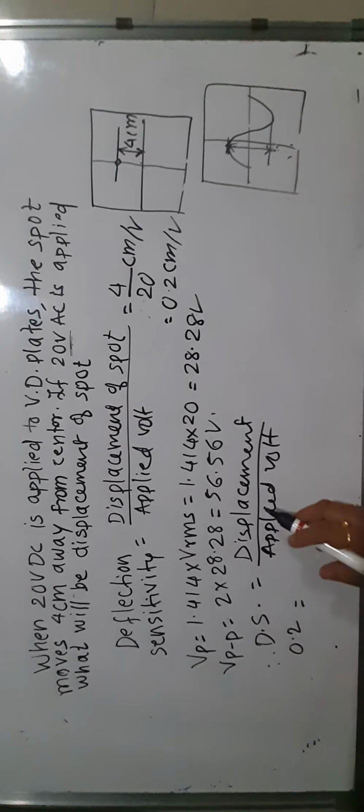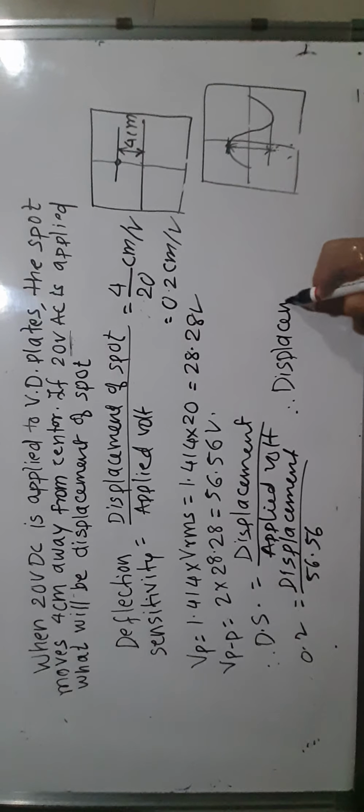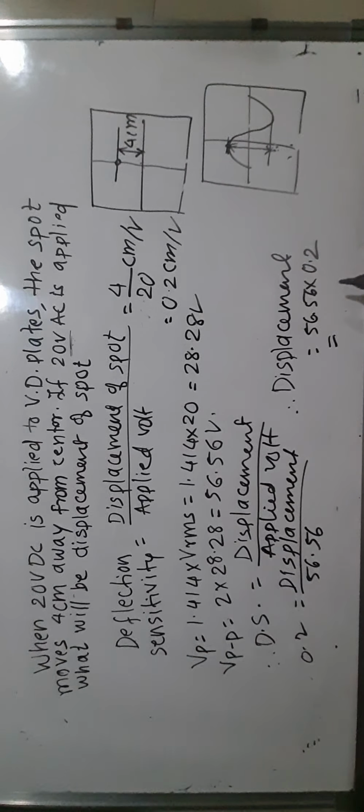Therefore displacement equals 56.56 into 0.2, which is equal to 11.31 centimeters. So the spot will move peak to peak by 11.31 centimeters. So this is how we can solve the numericals related to CRO.